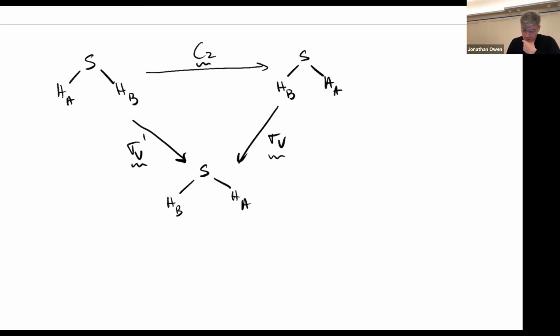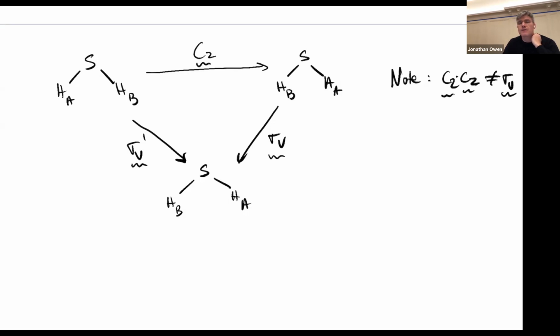Now, sigma V prime is not the same thing as C2 here. Or in other words, if you do C2 followed by C2, this is not equal to sigma V.